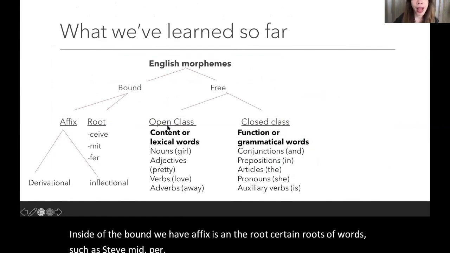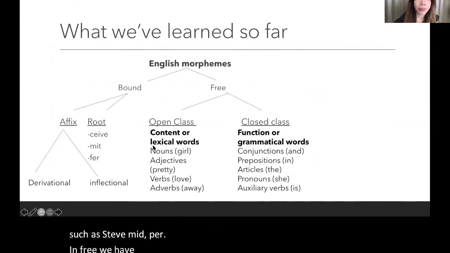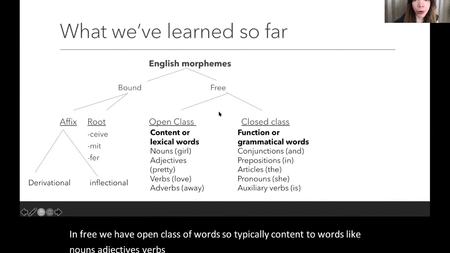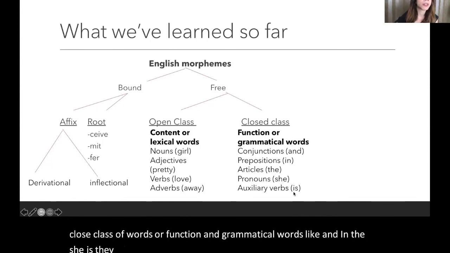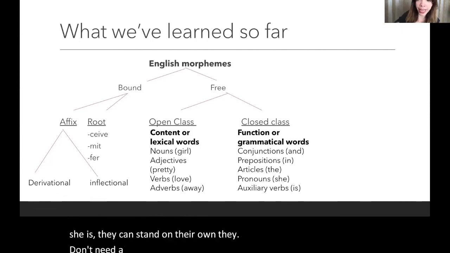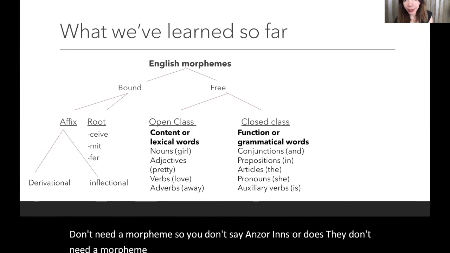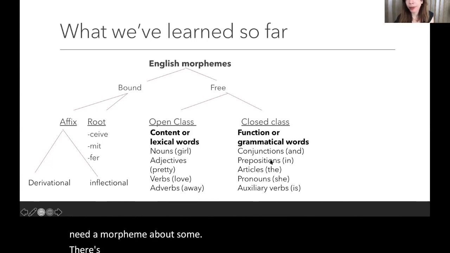In free, we have open class of words, so typically content words like nouns, adjectives, verbs, adverbs. Also under free morphemes, we can also have closed class of words or function and grammatical words like and, in, the, she, is. They can stand on their own. They don't need a morpheme, so you don't say ands or ins or thes. But they're still function words, so their role is grammatical.